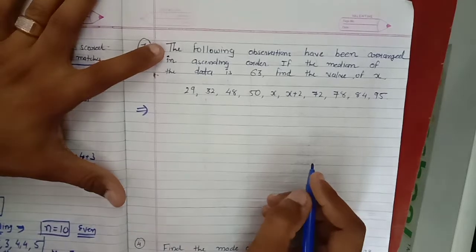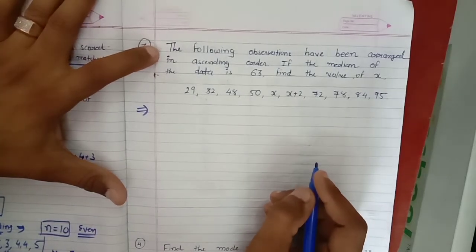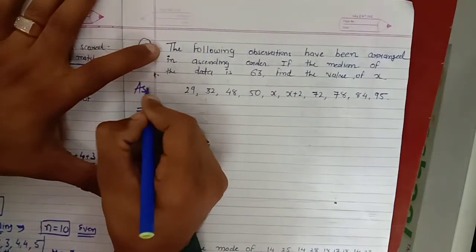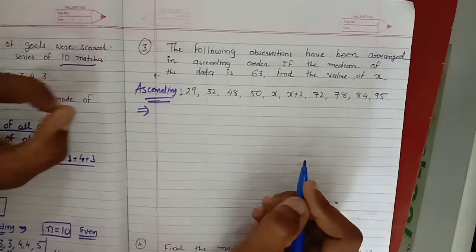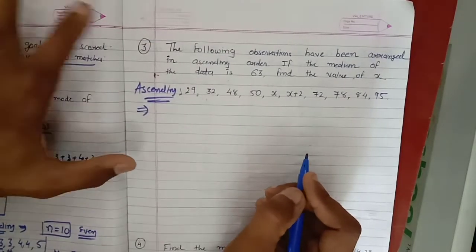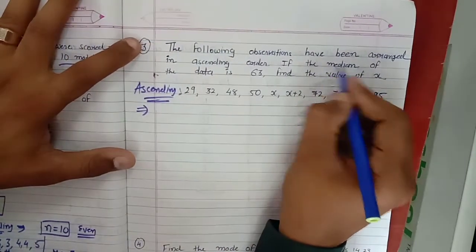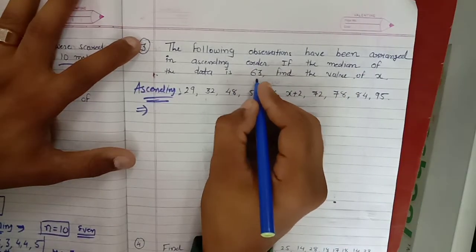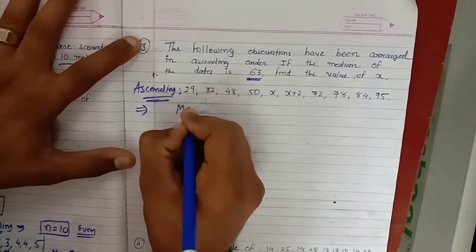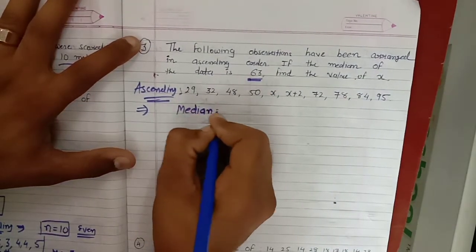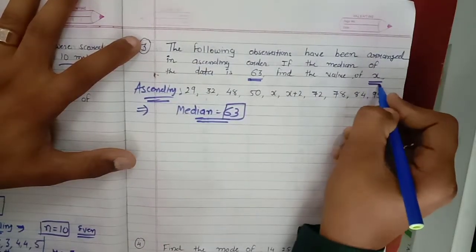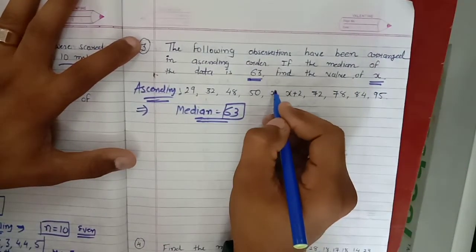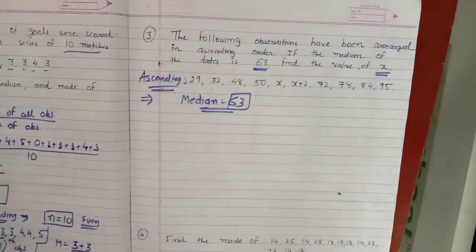The following observations have been arranged in ascending order, meaning already arranged in ascending order. If the median of the data is 63, the median is given. You have to find the value of x, the unknown value.